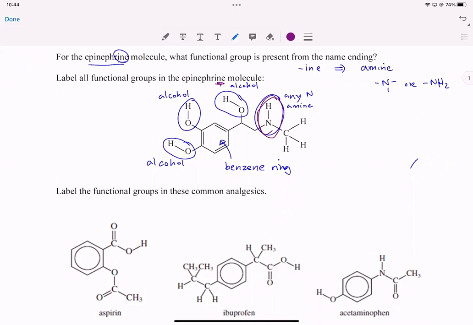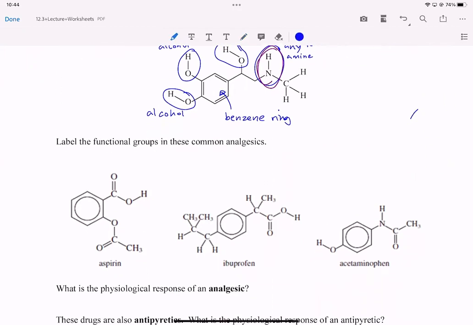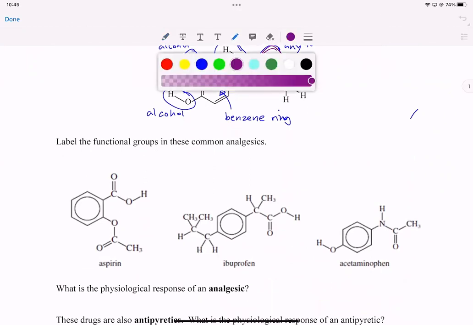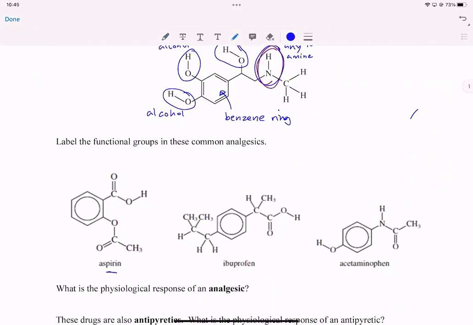So these are also these analgesics that we just talked about, aspirin, but also analgesics are ibuprofen and acetaminophen. So you might have heard of ibuprofen, the trade name is Advil, or acetaminophen, trade name is Tylenol. Well, so these are all analgesics, which are pain relievers.